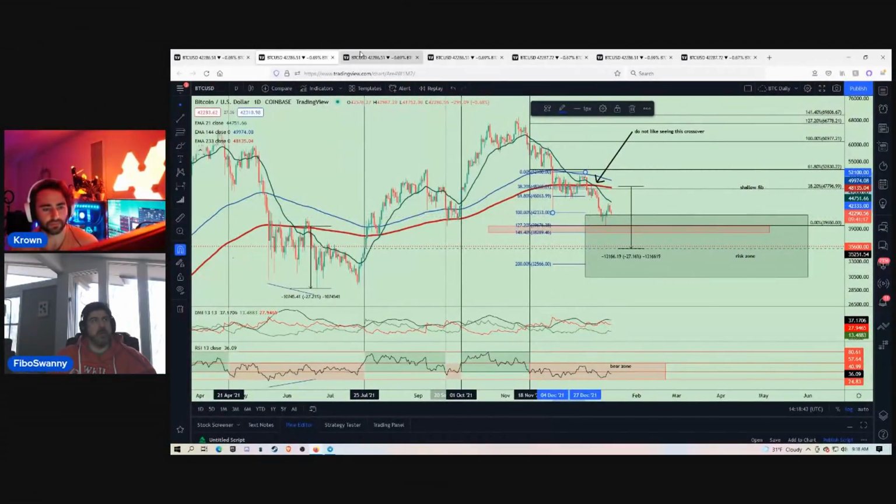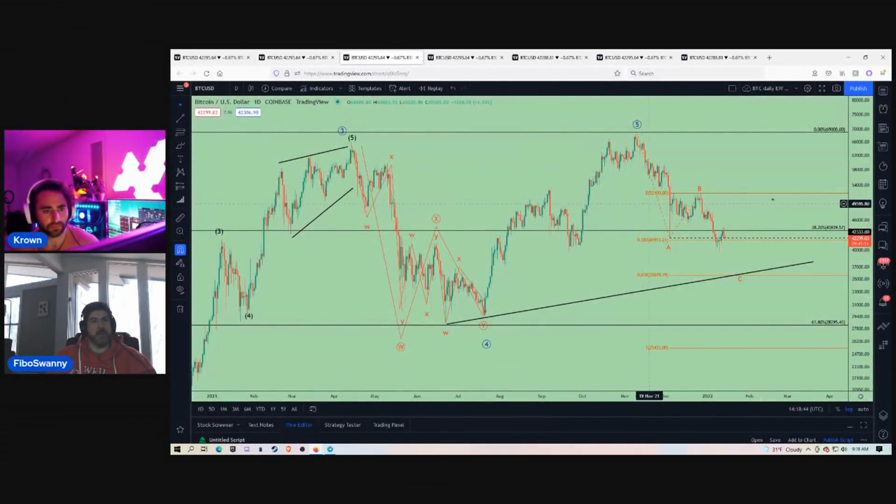We made new lows. I know I use Elliott Wave for a guide. I don't really trade on it, but once it made this low below this one right here, it negated the upside motive wave that I had counted. But once this broke right here, this put us into an ABC correction.